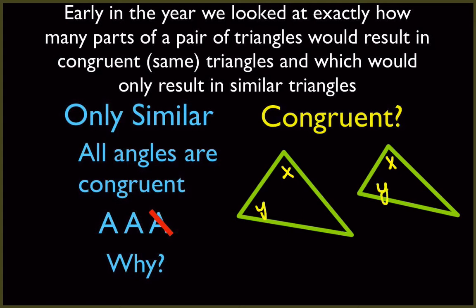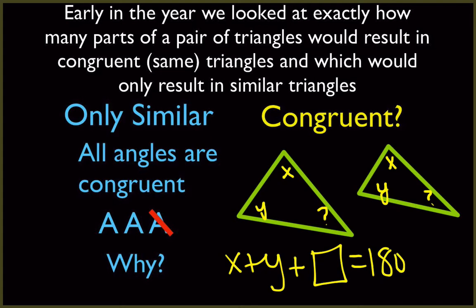Well, I know that with this mystery one here, x plus y plus whatever that mystery thing has to equal 180. And the same thing is true for both triangles. They both have x and y, and the third angle has to be the piece that's missing to make 180. So no matter what, they have to be the same thing, and it has to be whatever is inside those triangles.